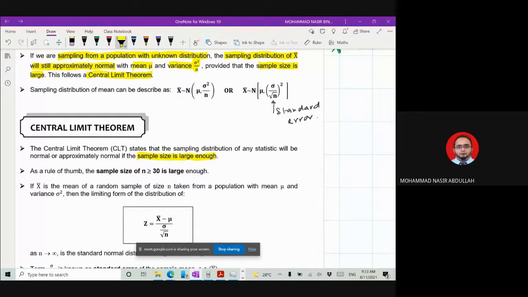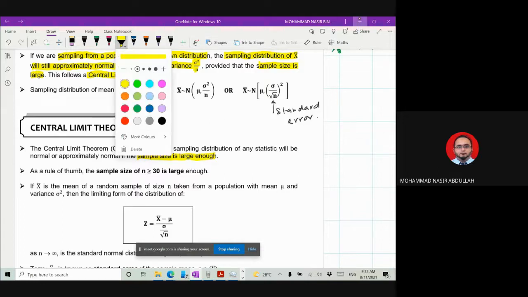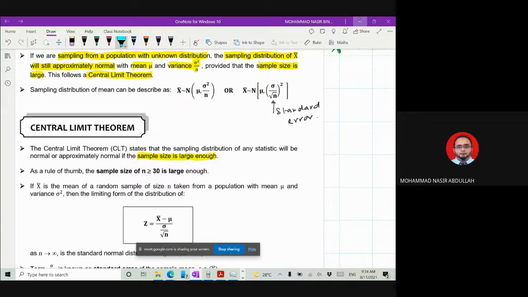Means that in the central limit theorem, when we increase the sample size, the distribution will be approximately normal. In most statistics books, it says that when the sample size n is more than or equal to 30, this is considered large enough, right?